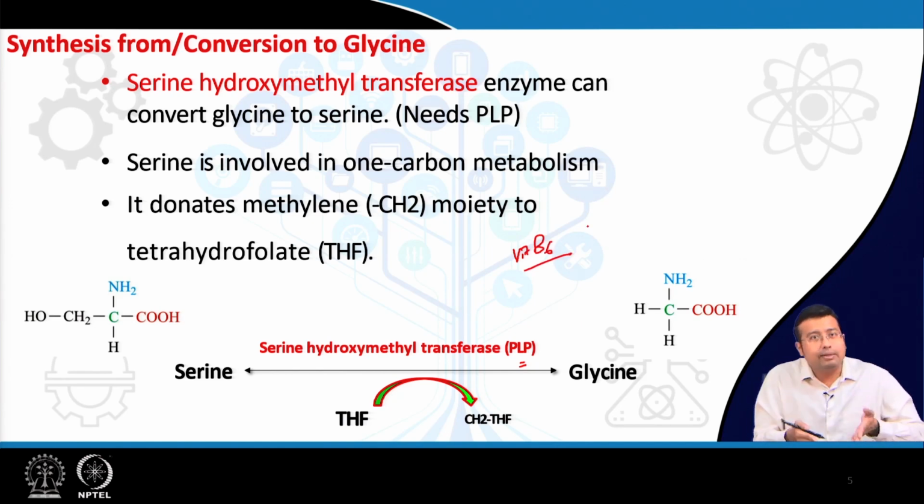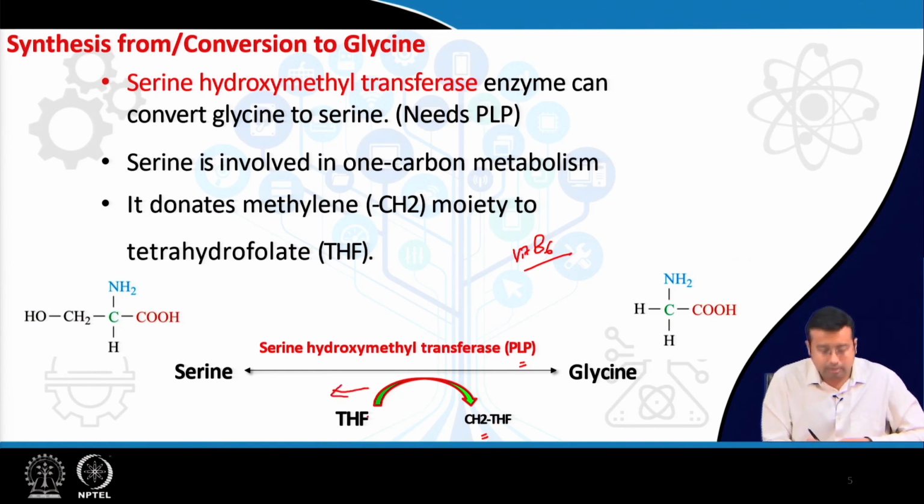So, the same enzyme is now acting as a source of serine. How? The source is glycine, and from glycine serine is produced. Of course, the methylene tetrahydrofolate will be converted to tetrahydrofolate if the reaction goes in this way, alright. So, there is an involvement of one carbon over here. So, this is the reaction by which glycine and serine are interconvertible.